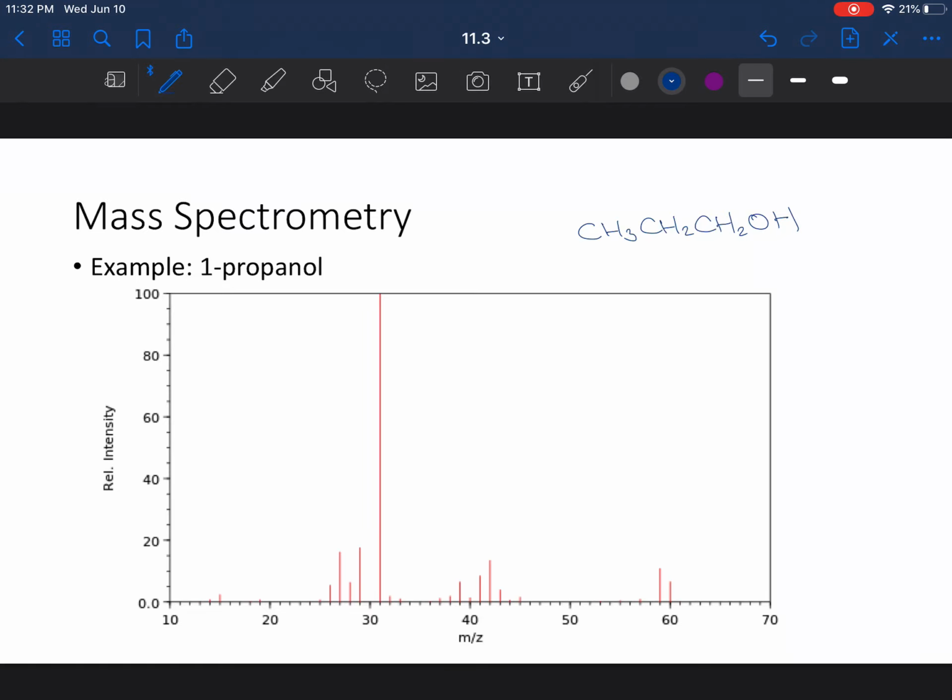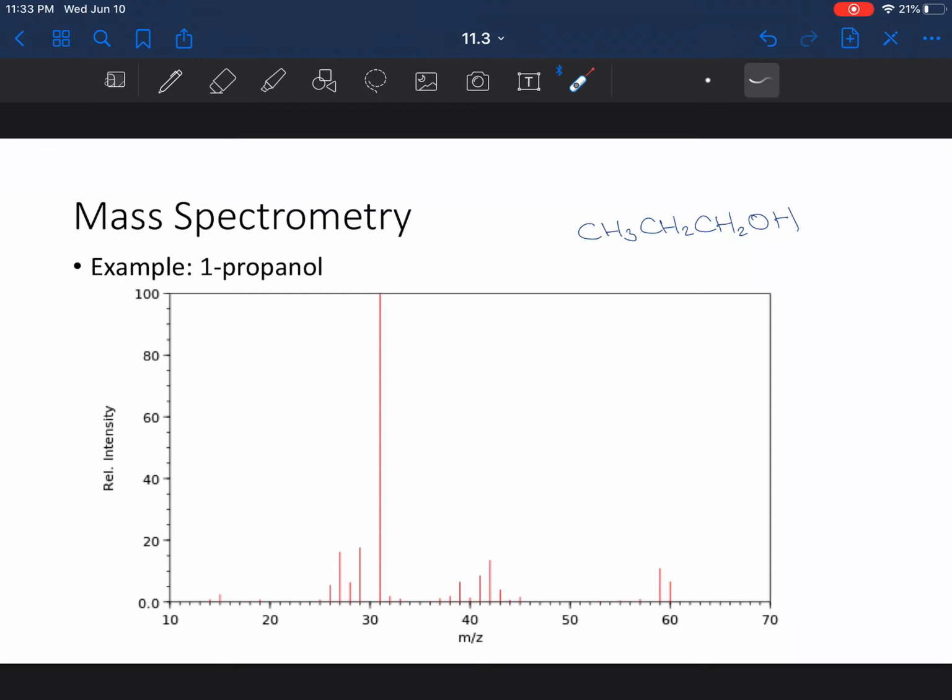This is 1-propanol. And as you can see from the mass spectrometer, there are so many peaks. Well, I can tell you right now, each of these peaks represents a certain fragment, but only some of them are important. Now, which one is most important?